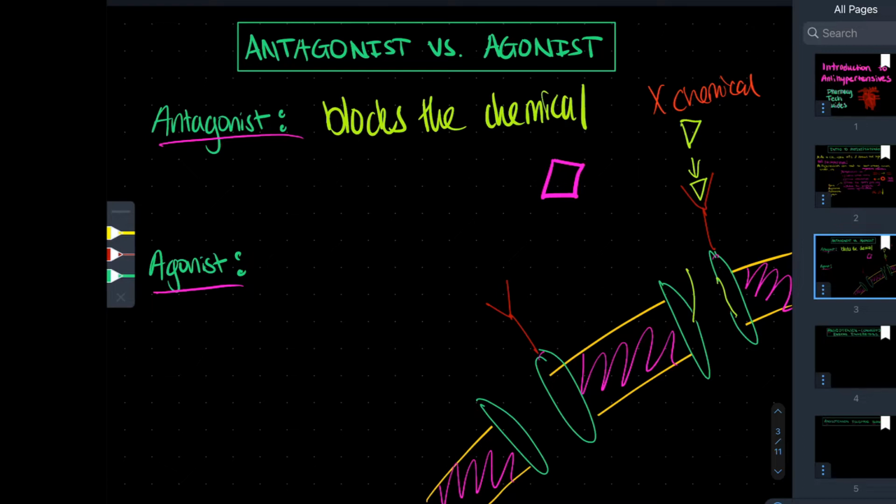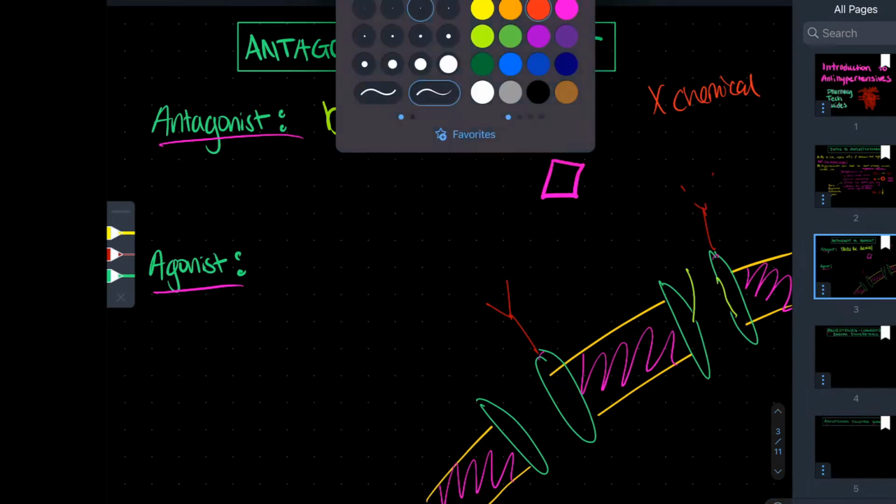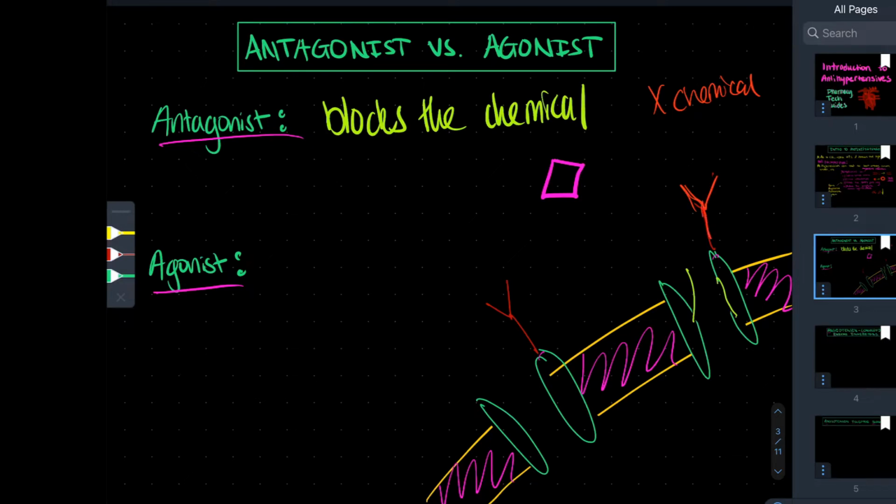So what the antagonist is going to do is, let me just redraw this receptor here. The antagonist chemical is actually going to bind and it's going to block the other chemical. So the chemical cannot reach the receptor, and that's because the antagonist is blocking it.